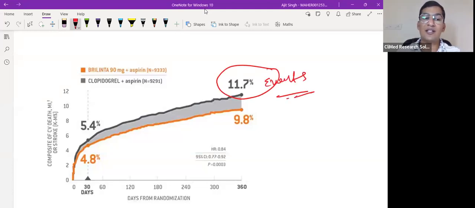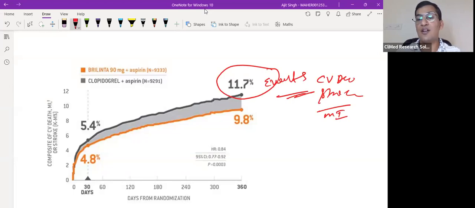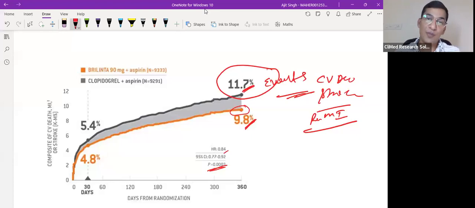Events means either CV death or stroke or recurrent myocardial infarction. With clopidogrel the risk is 11.7%, and with ticagrelor it is just 9.8%. That is highly significant, the hazard ratio is 0.84 with ticagrelor. So ticagrelor is far more efficacious than clopidogrel.